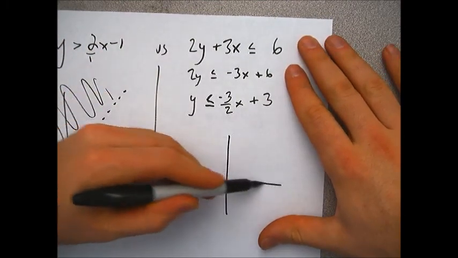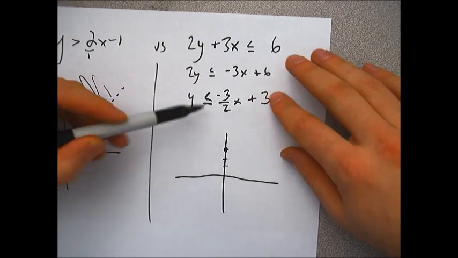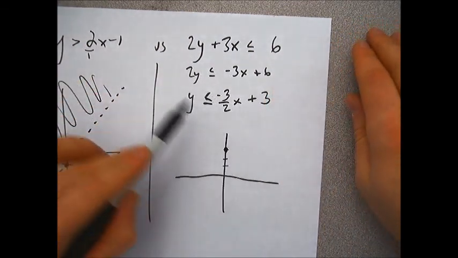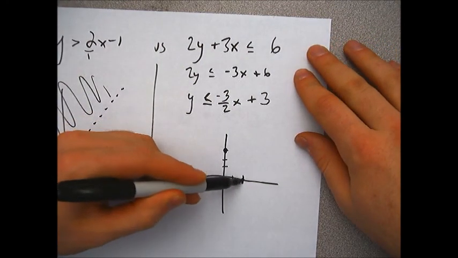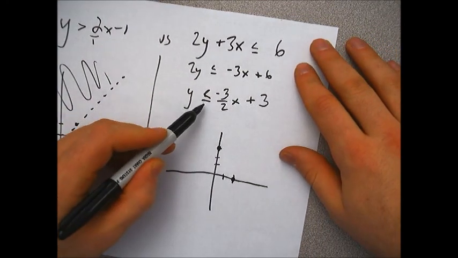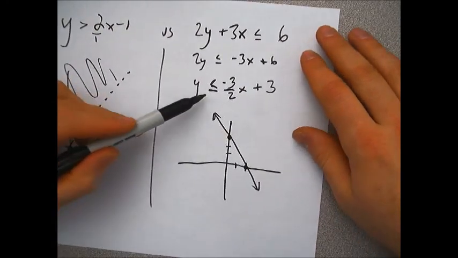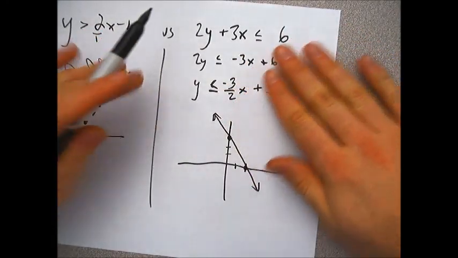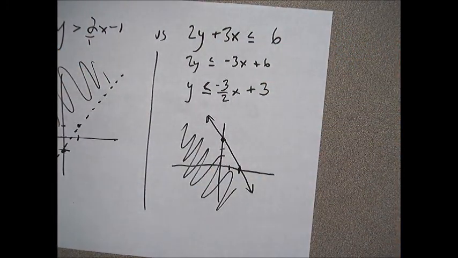Go ahead and make our graph. Where's my starting point? 1, 2, 3, make a dot. Slope's negative, so negative lines go this way. So I want to go down 3 and over 2. This one is the or equal to, so it's going to be a solid line. And this one is less than. Less than makes us think down, so I will shade everything below the line.